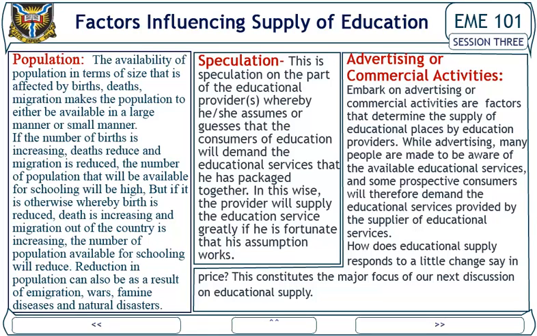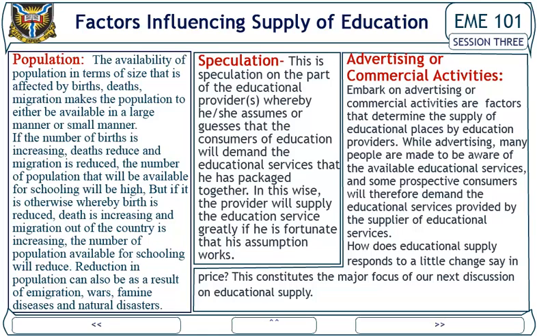Population. The availability of population in terms of size, which is affected by births, deaths, and migration, makes the population either large or small. If the number of births is increasing, deaths reduce, and migration is reduced, the number of population available for schooling will be high.